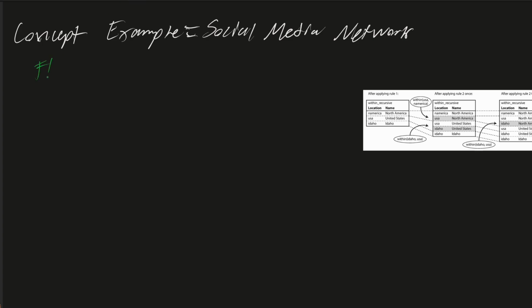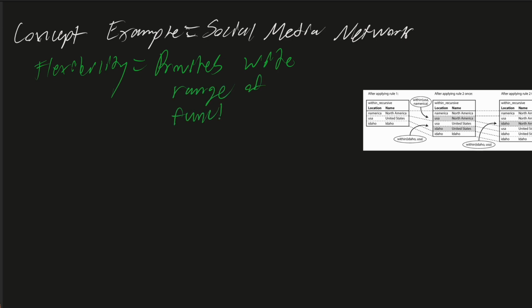Flexibility provides a wide range of functions and added data. The many-to-many relationships are inherent in this environment, like a user belonging to multiple groups or posts being tagged with various topics. It's overall pretty intuitive inside of a graph database.